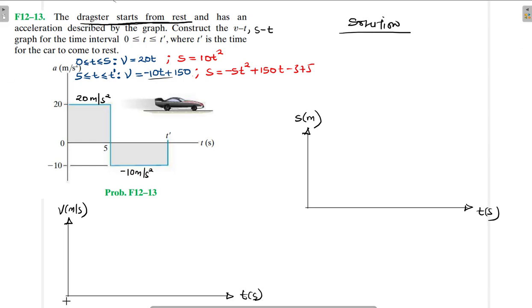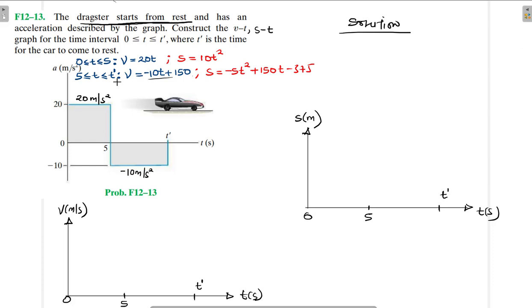At 0, we have this point here which is 5, then we have this point here which we are calling T prime.